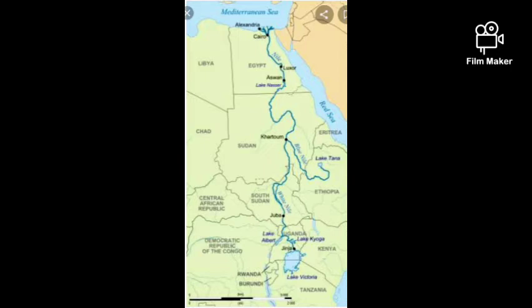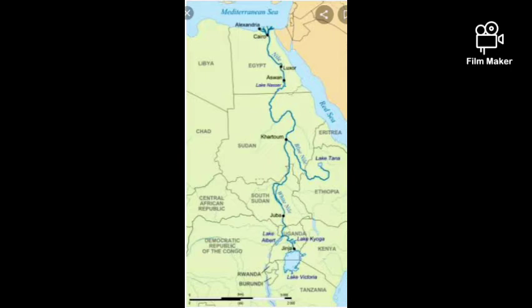And see, in the northern side of Africa, you can see the Mediterranean Sea. So this Nile River originates in Lake Victoria. It flows north and then meets the Mediterranean Sea, which is near the city of Alexandria in Egypt.